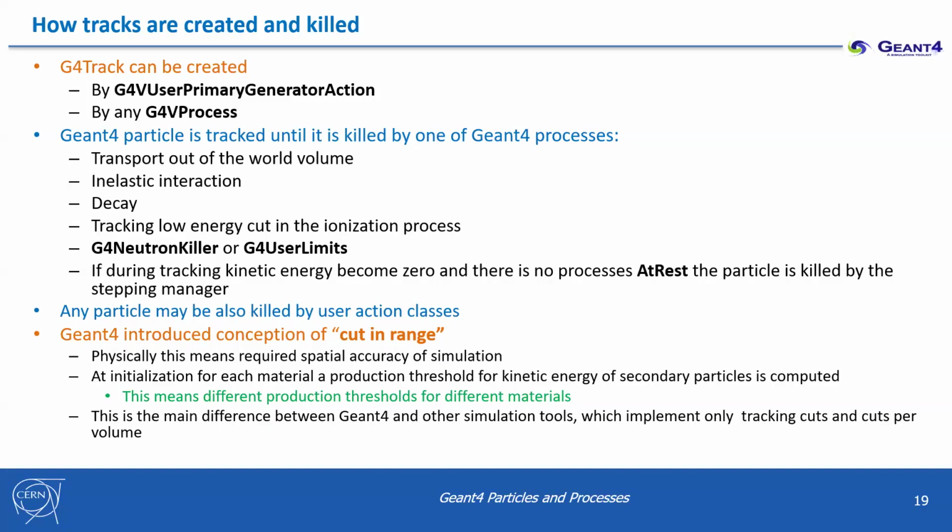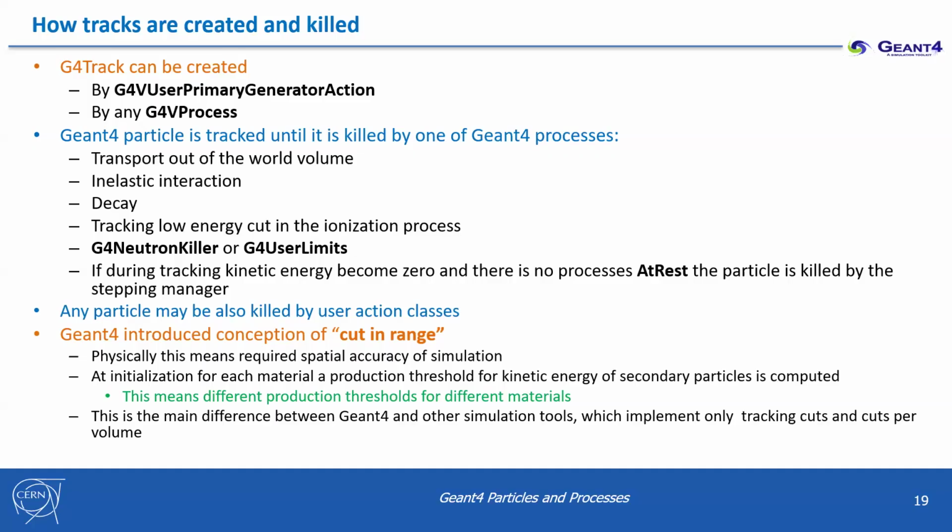How long should we transport this track in the setup? There may be circumstances. Transport out of the world volume. In that case, we need to kill the track. Inelastic interaction, when the particle disappears and secondaries are produced. Decay.